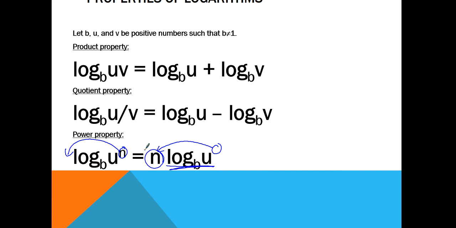So it follows all of our other math rules. So let's see how these work. Let's do some example problems. We're going to use this information: log base 5 of 3 is approximately 0.683, and log base 5 of 7 is approximately 1.209. If you plug it into your calculator, that's what you're going to get. But I set this up so you won't have to have a calculator on you.